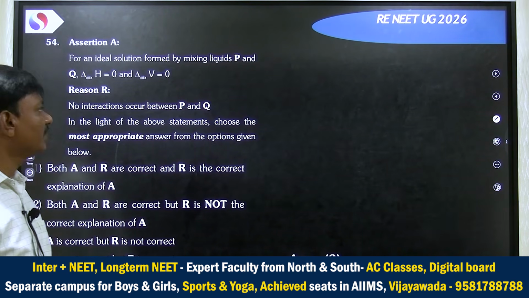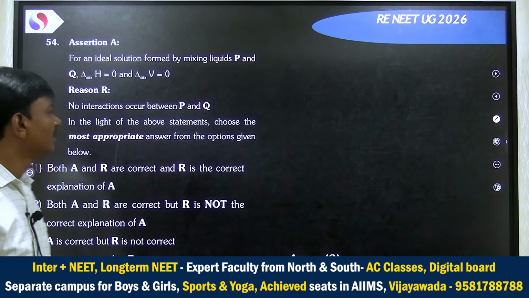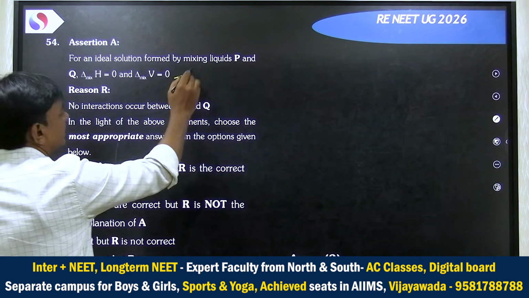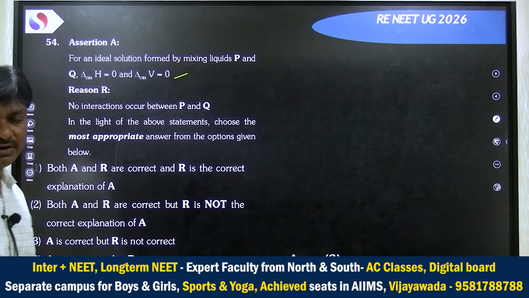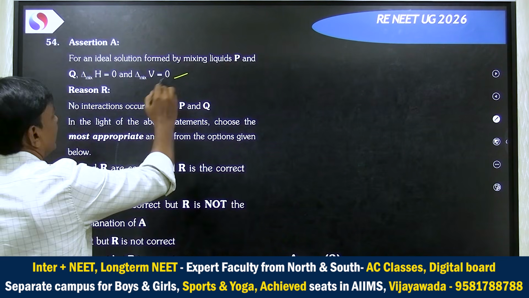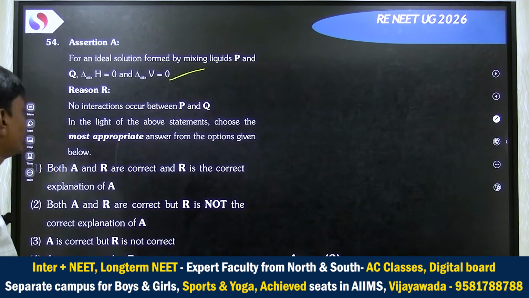For an ideal solution formed by mixing liquid P and liquid Q, delta H equals 0 and delta V is also 0. Okay, it is from the solution chapter. For an ideal solution, delta H is equal to 0, delta V is also 0. So it is correct. Assertion is correct.